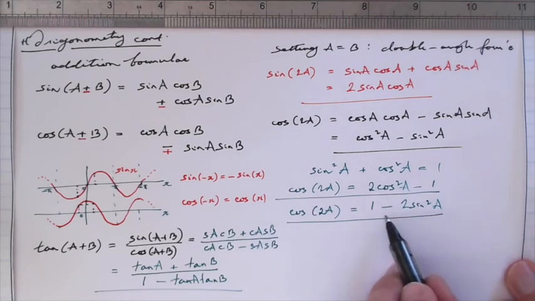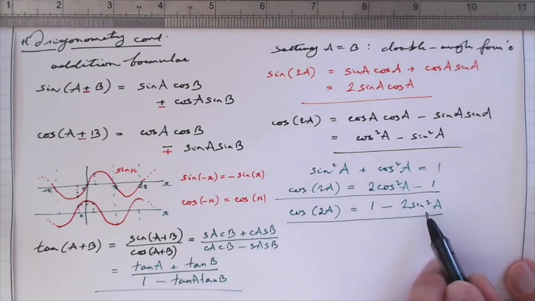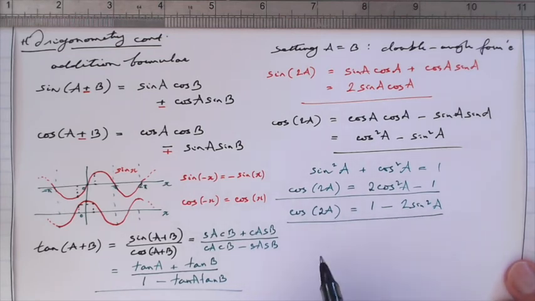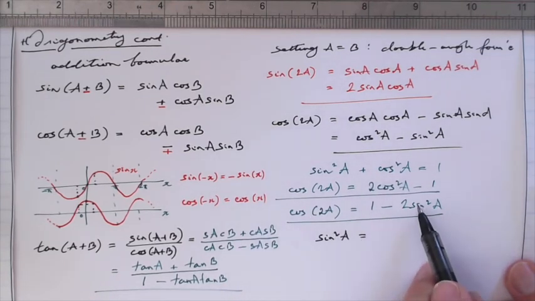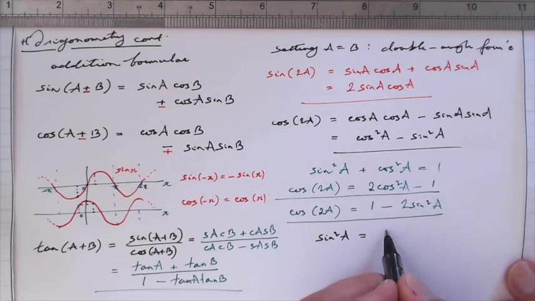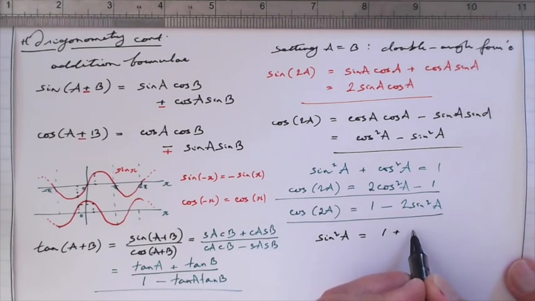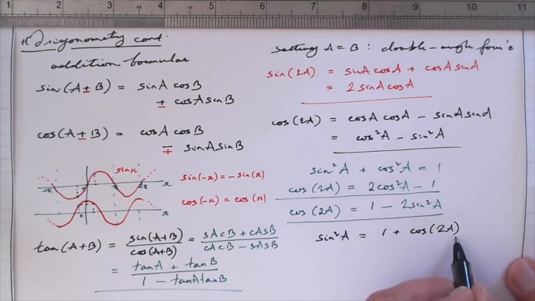Let me take this last one here. If I reorganize this equation to express sine squared of an angle, I would take this over here, take the cos 2a over here, divide by 2. I would get this very pretty formula, 1 plus cos of twice the angle divided by 2.